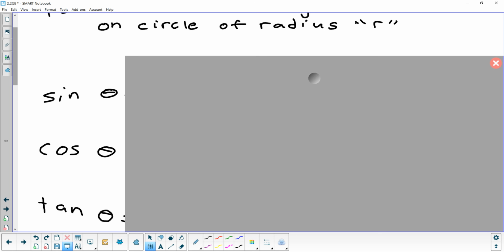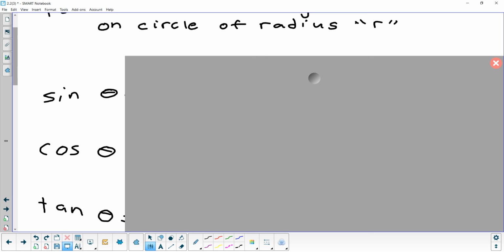Never mind. Sine is y. I didn't mean to say that. Yeah, sine is y. We're going to change y to y divided by what? Cosecant. So what letter?